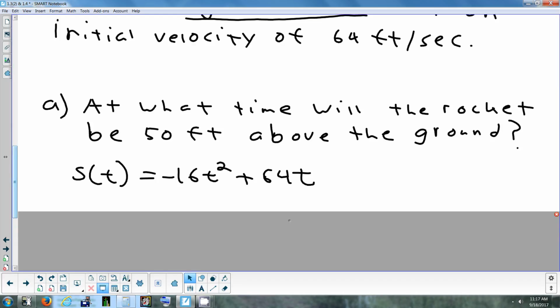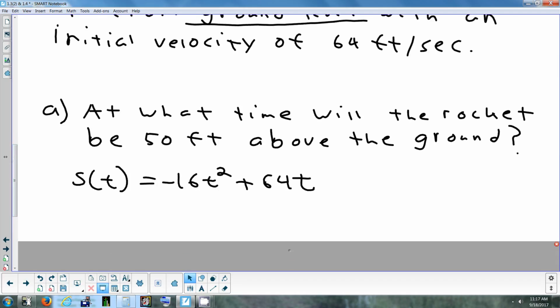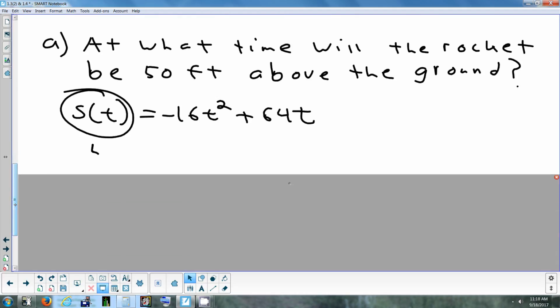And the last thing is plus my initial height. But we just said it's ground level, so we don't need it in this problem. And we want to know when this height is what number? 50. So I'm going to set that equal to 50.